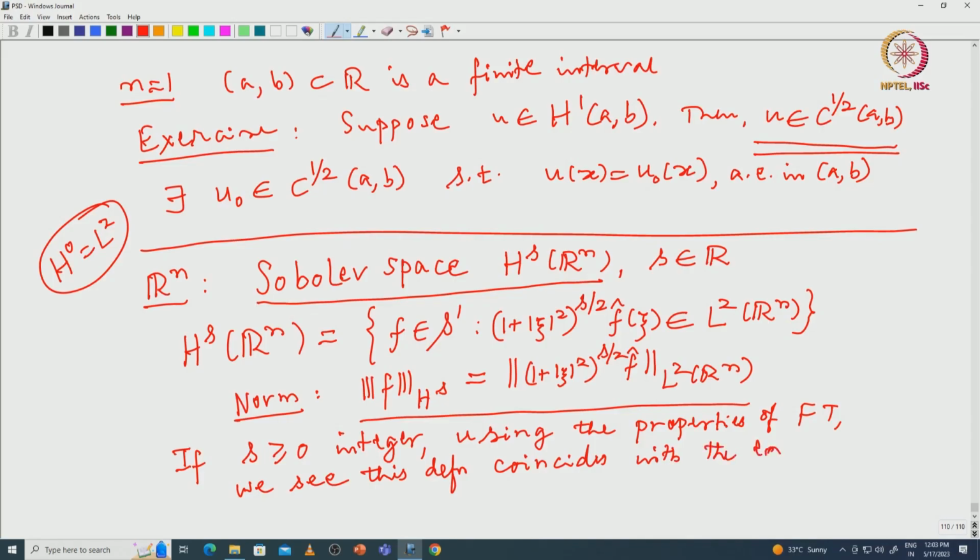What is the earlier definition? We want the function to be in the Sobolev class H^s when s is a non-negative integer, so f has to be in L2 and its weak derivatives are also in L2. That you get from this definition, using Fourier transform properties, the Plancherel theorem, etc., and the two norms, this one and the one defined in the usual way, are equivalent.